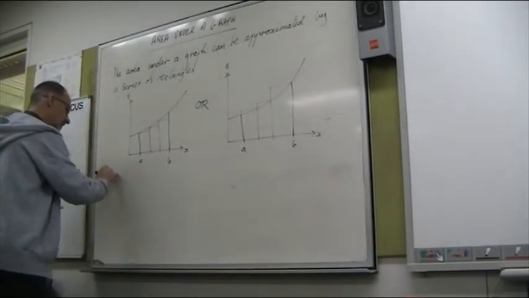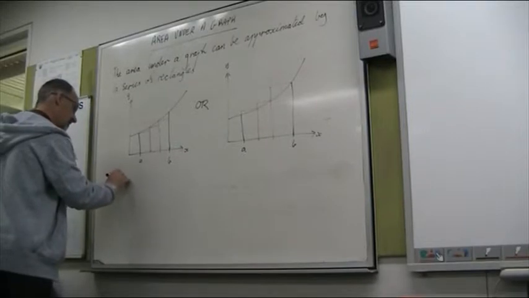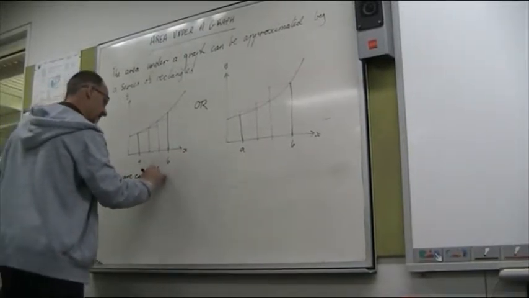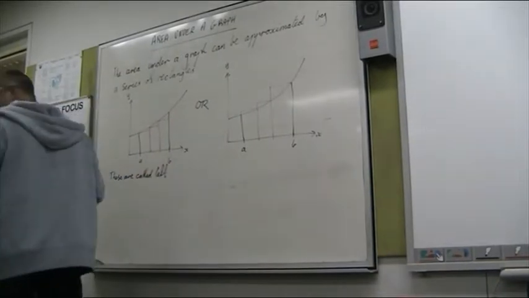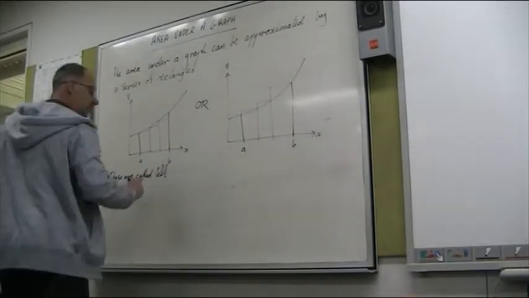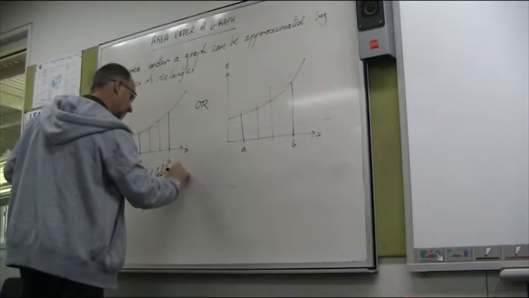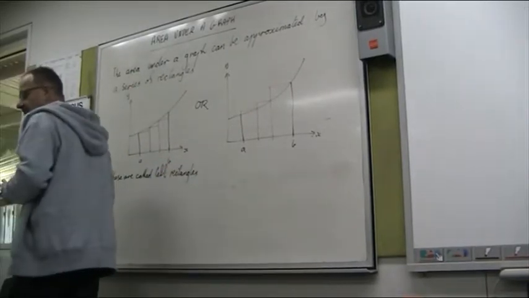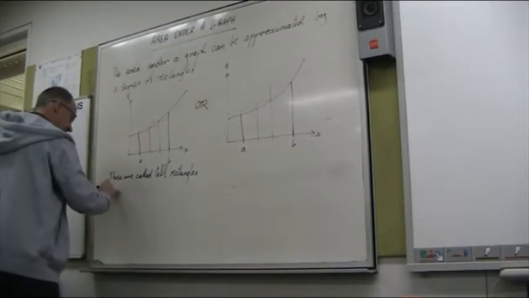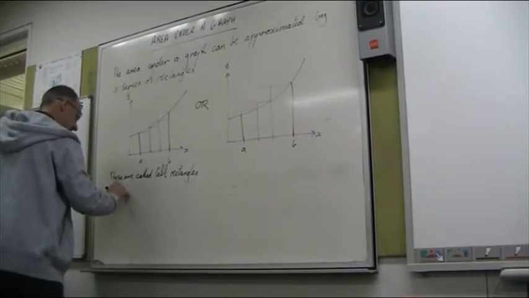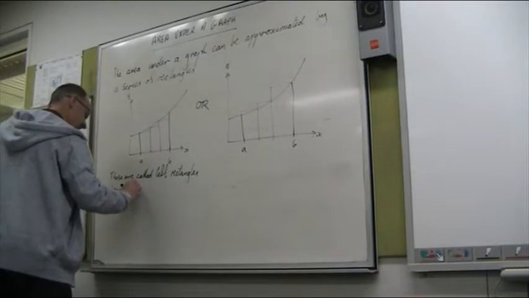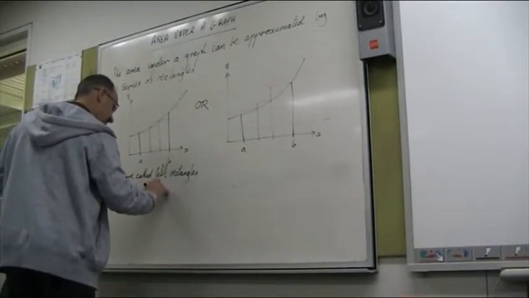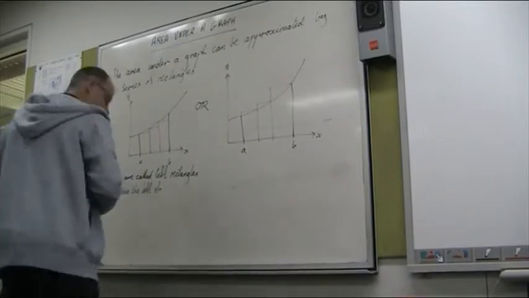So these are called left rectangles, because the left edge touches the curve.